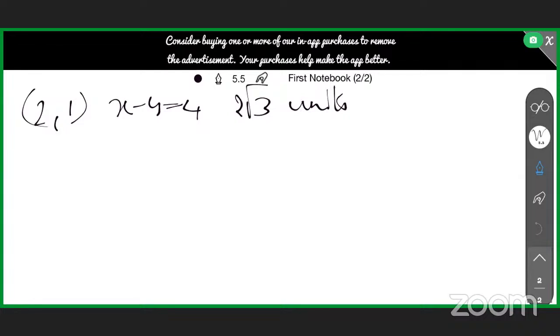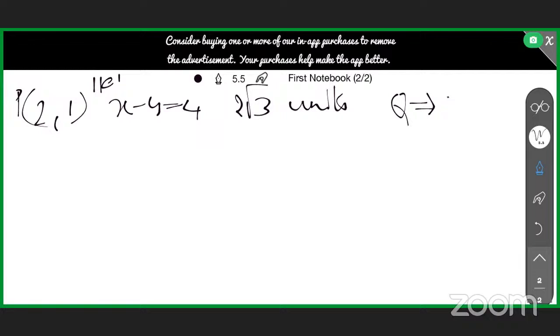There's a new point Q. This is point P, (2, 1). It is translated parallel to the line x minus y is equal to 4 by 2 root 3 units. The new point Q lies in the third quadrant.